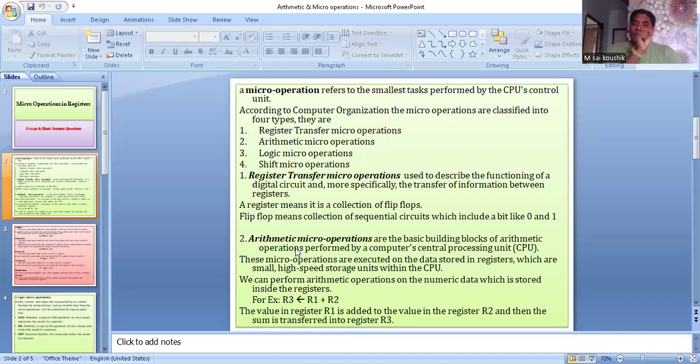But I simply apply the minus, the subtraction, between the two values. But the aim is to get a wonderful answer. That is called output. Here I am writing the basic building blocks of arithmetic operations performed by the computer's central processing unit.